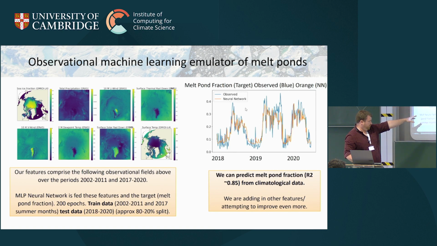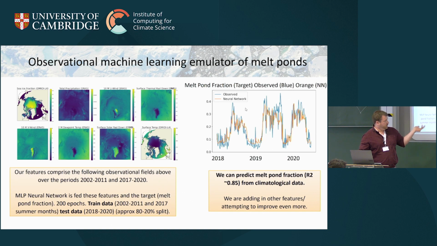over a period of time that we have observations for melt ponds for. It's like multi-layer perceptrons can actually do this pretty well, which is kind of cool. And if we split training and test data in time, so we use about 2018 to 2020 as test data, which represents about an 80-20% split, we can get, on the right-hand side, a time series of melt pond fraction with the observed melt pond fraction and the neural network's predictions of melt pond fraction as well.